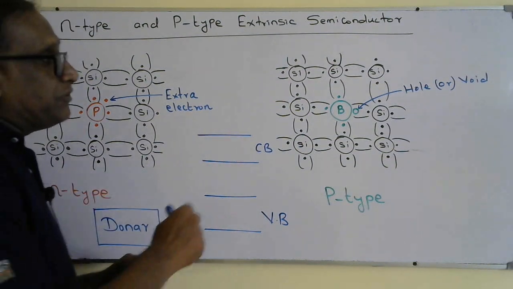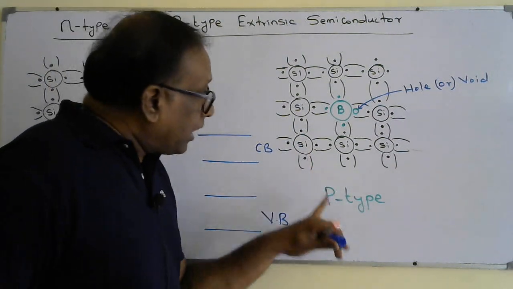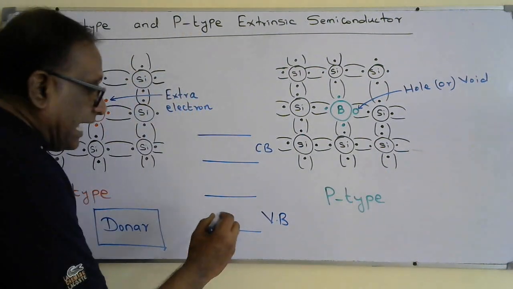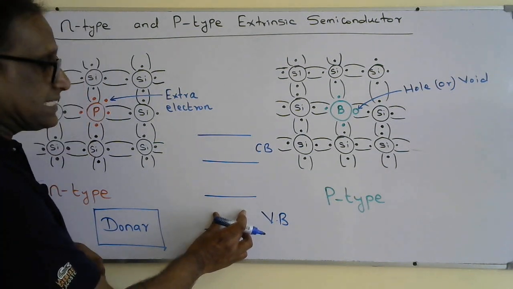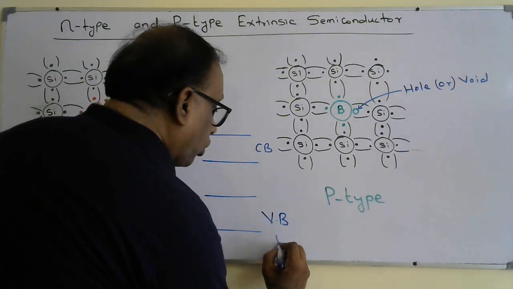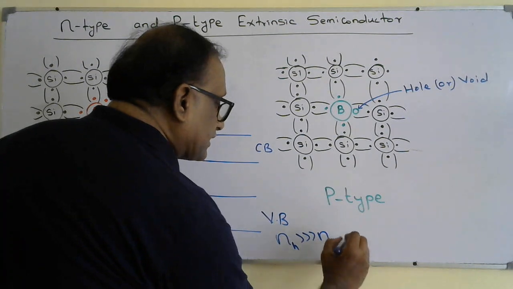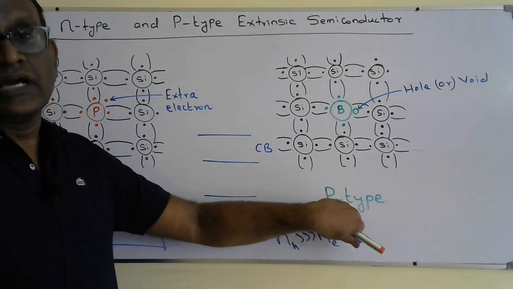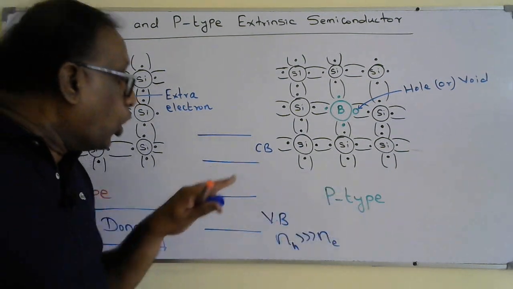For example, if we dope intrinsic semiconductor silicon with 10 million boron atoms, there will be 10 million additional holes in the valence band without exciting electrons to the conduction band. So here the number of holes per unit volume will be much larger than the number of electrons in the conduction band. So in p-type semiconductors, the current flow is mainly due to holes.